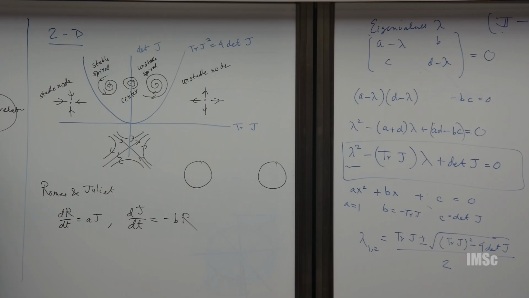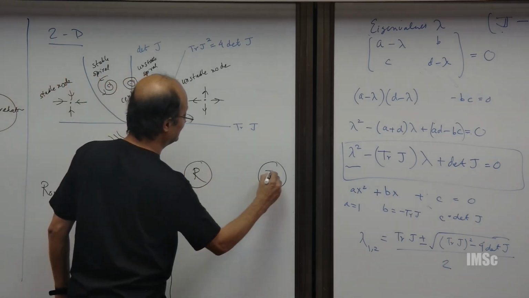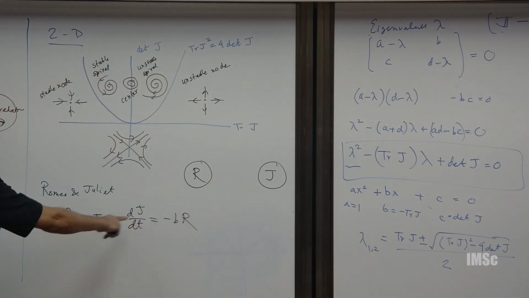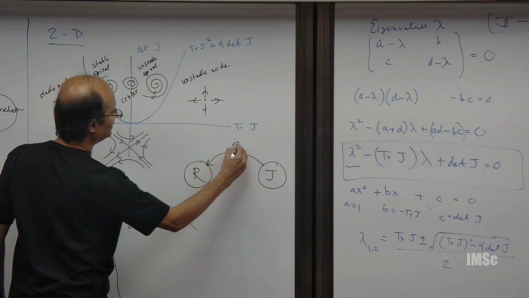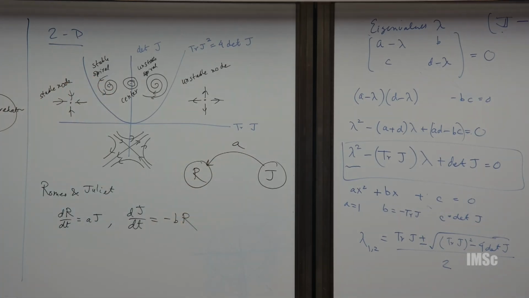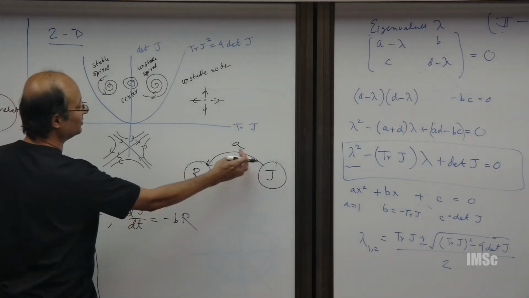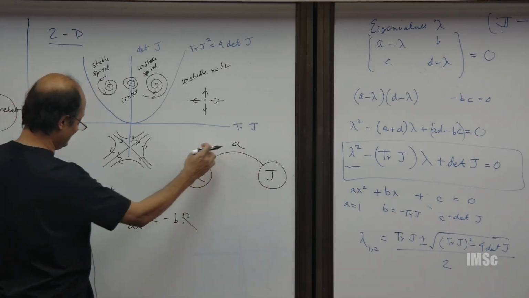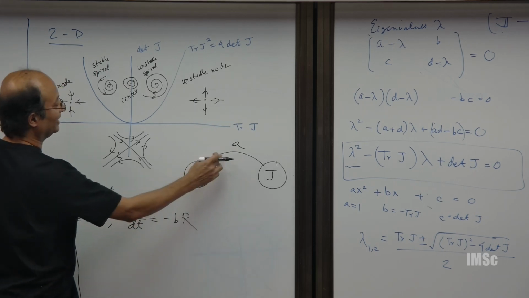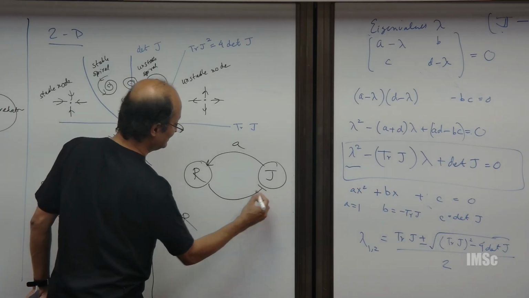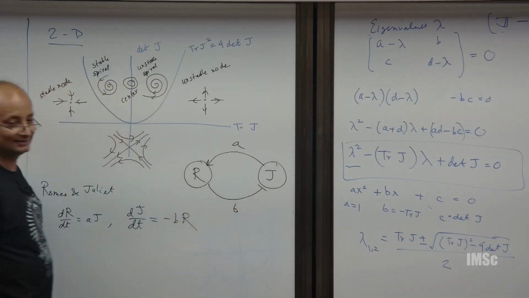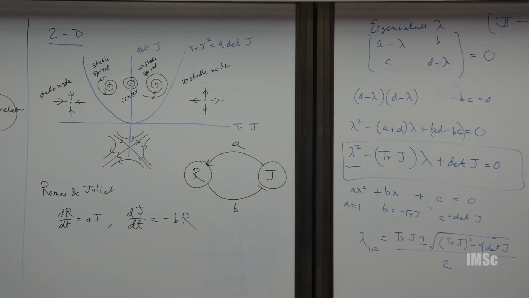If it is negative, that means the corresponding person hates the other person. Okay. So, you can think of it as this R and J, and so this interaction can be thought of that there is a link. So, this is basically how you can turn it into a network picture. So, R is motivated by, let us say, Juliet's love for him with a strength A. Juliet on the other hand is repelled by Romeo's love for her with a quantity B.